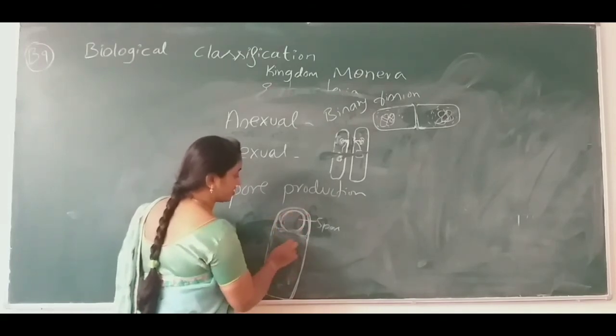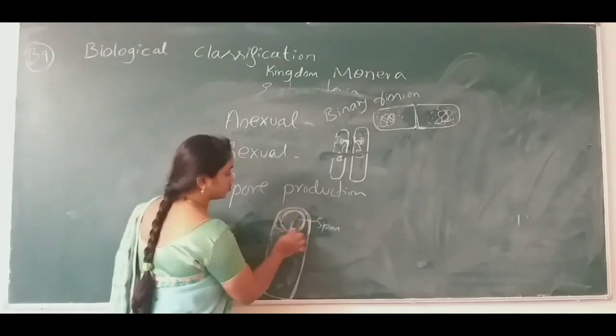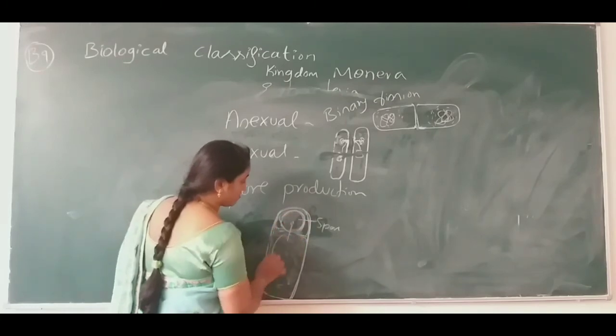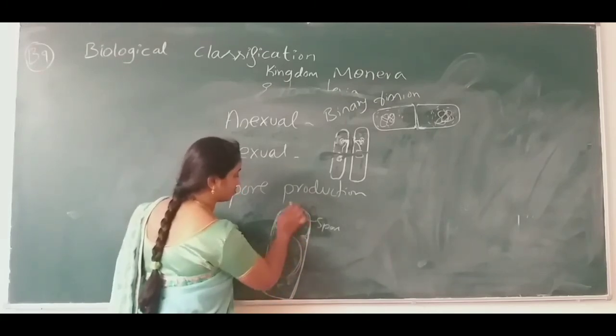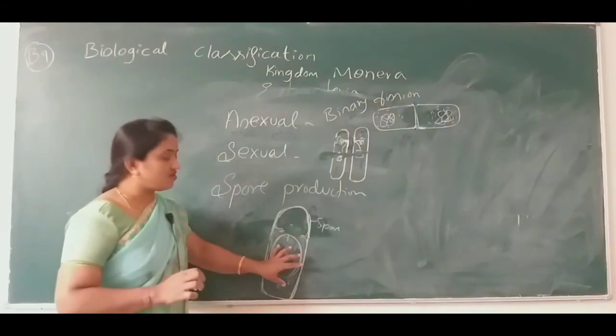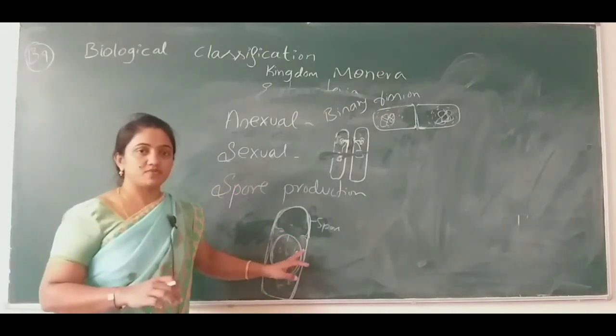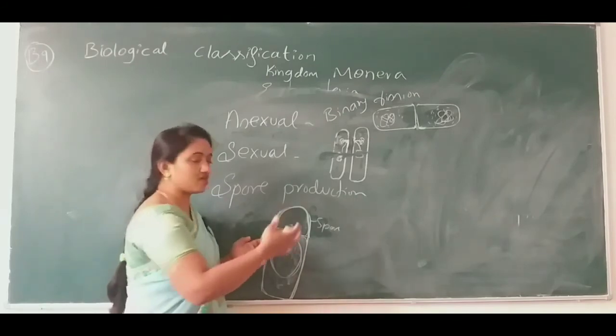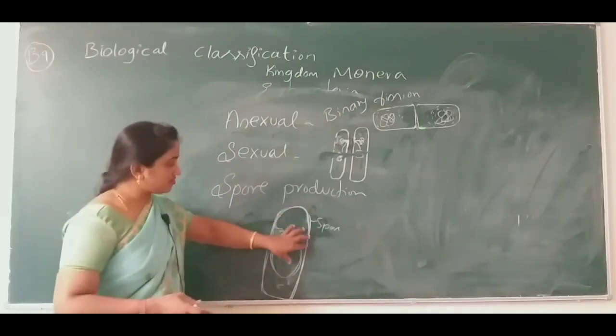All the useful materials are engulfed by the spore, and then this spore will remain at the central position, and it will stay like that for years, till it reaches a favorable condition.